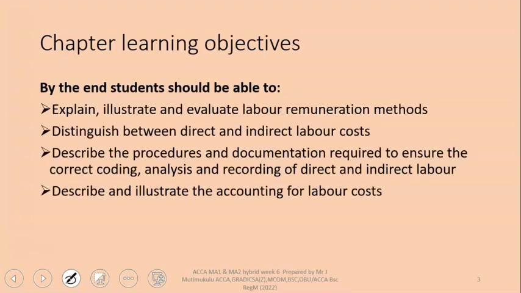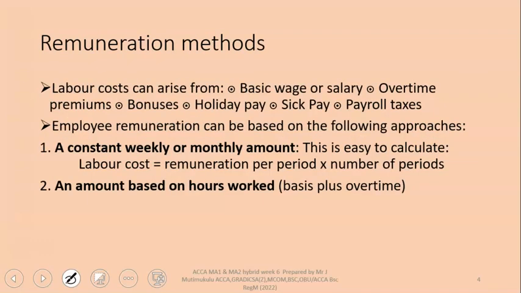By the end of the lecture, students should be able to explain, illustrate and evaluate labor remuneration methods, distinguish between direct and indirect labor costs, describe the procedures and documentation required to ensure the correct coding, analysis and recording of direct and indirect labor, and describe and illustrate the accounting for labor costs. So these are the four objectives which we have to meet at the end of the lecture.